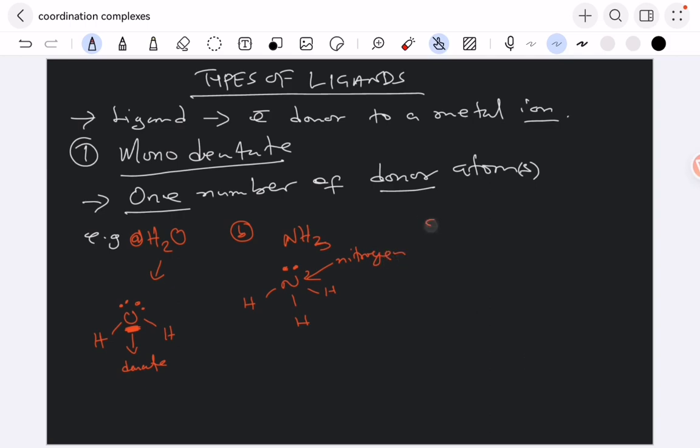I can give an example of a chloride. It's only chlorine, a cyano. It's only that. So there's only one donor in this monodentate ligand.